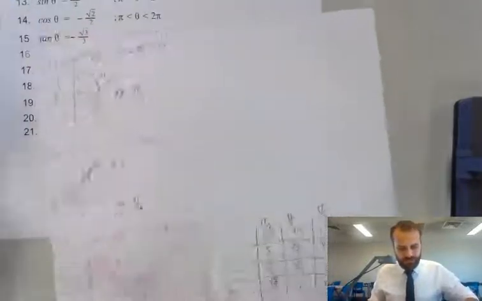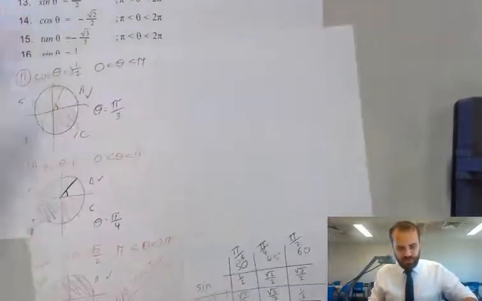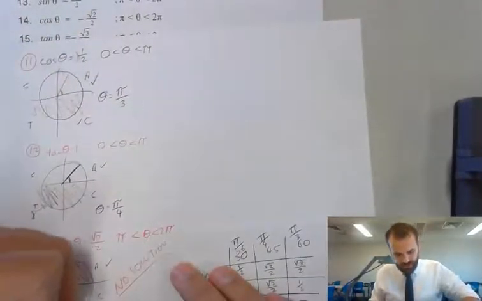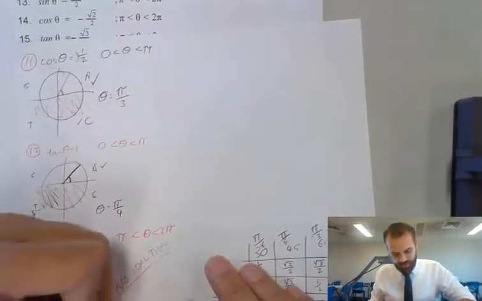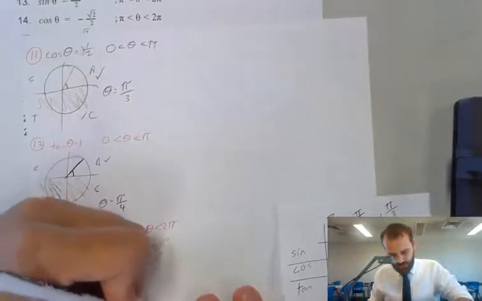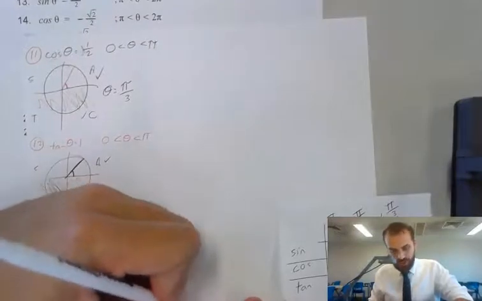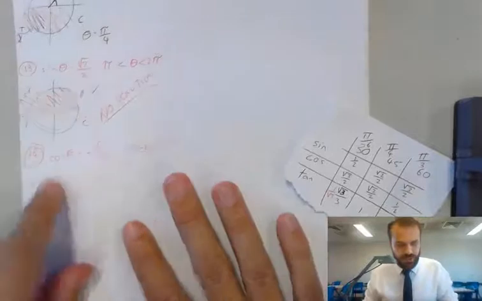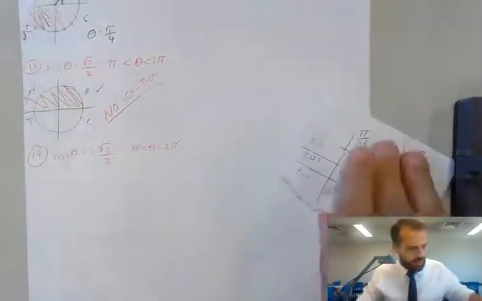Okay, 14. Cos theta equals negative root 2 on 2. And again, this is going to be between pi and 2 pi. Sorry guys. Cos theta equals negative root 2 on 2, and it's between pi and 2 pi.